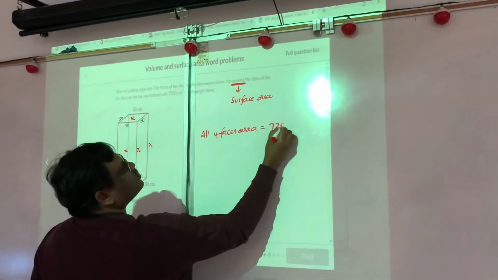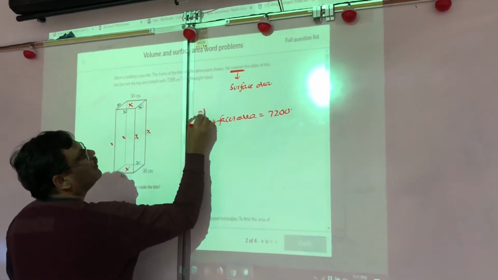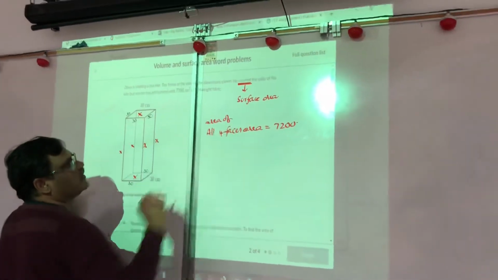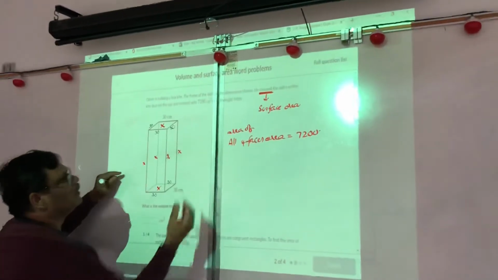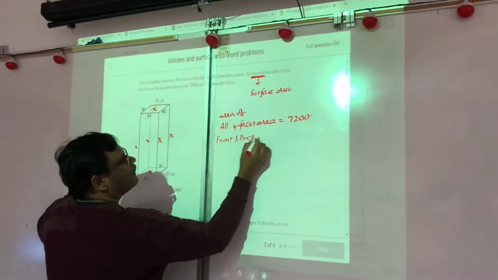Area equals 7200. Now let me add the area of all four faces, right? Let's keep counting. First I'm going to do front and back.